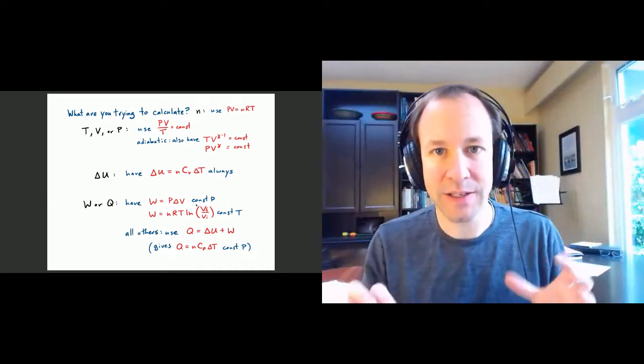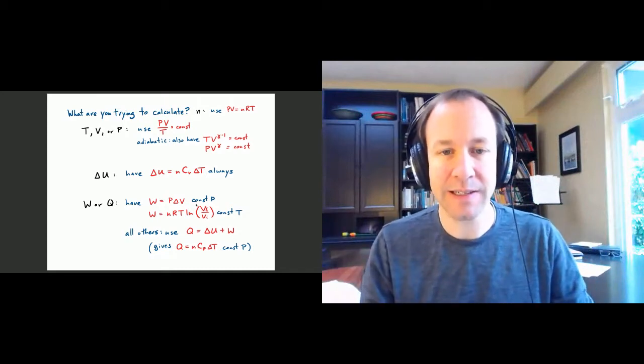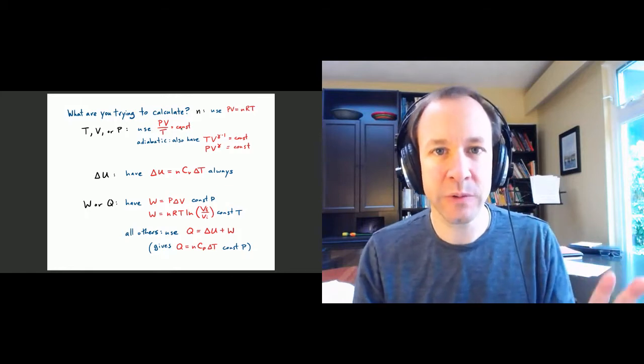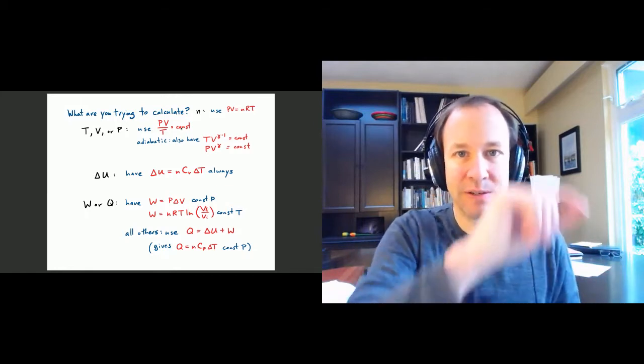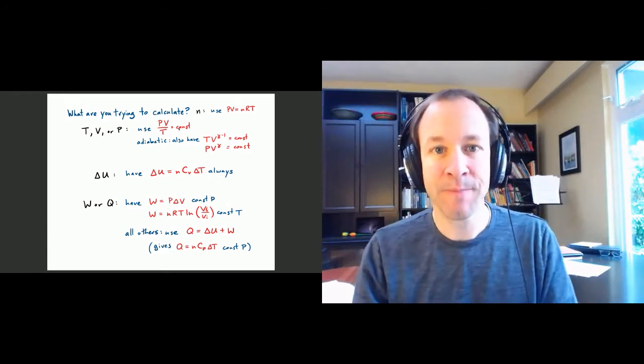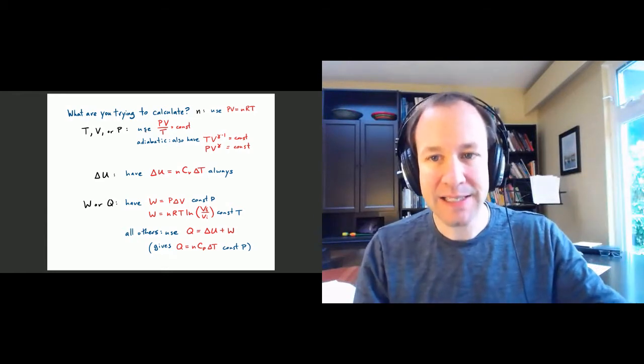So usually you have to do this temperature, pressure, volume calculations first in order to be able to do your later calculations. And the formulas that you will use in order to identify the temperature, pressure, volume at various points will generally be the ideal gas law.